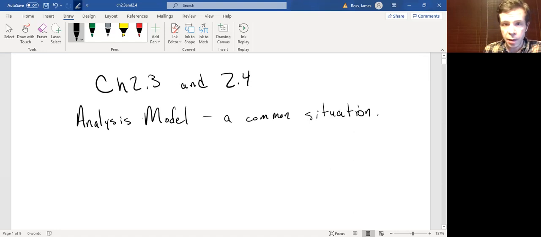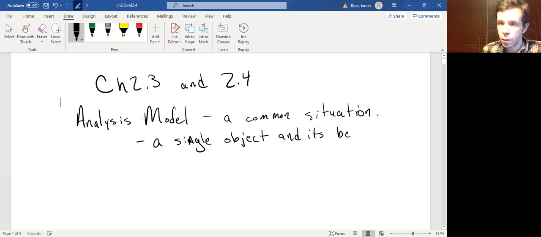It might be a single object and its behavior. Or it might be an object interacting with the environment.